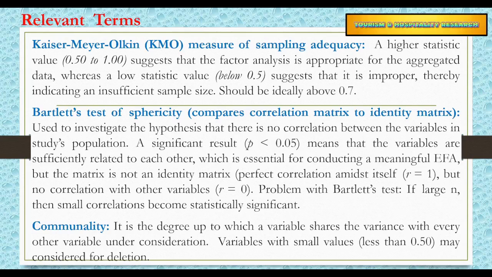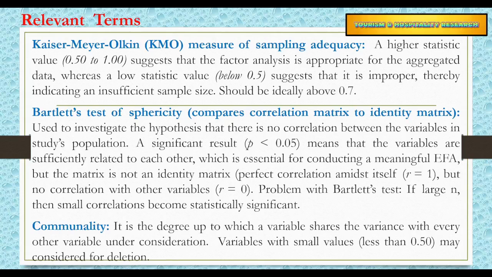Now, in case you don't have any correlation between your variables, the latent variables, then it becomes meaningless to conduct factor analysis or exploratory factor analysis, and even to go ahead with that kind of a study, because all kinds of relationships between the factors, between the latent variables, depend on their correlation. Everything is correlated up to a certain extent to another thing.